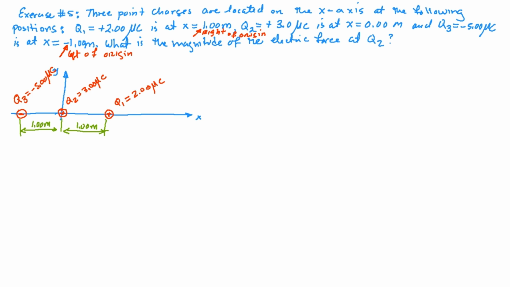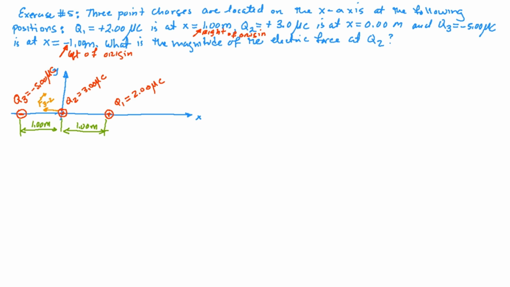Now, what is the force that the charge Q3 exerts on Q2? The force that Q3 exerts on Q2 is a force of attraction. So in this direction we have the force that 3 exerts on 2, an attractive force.